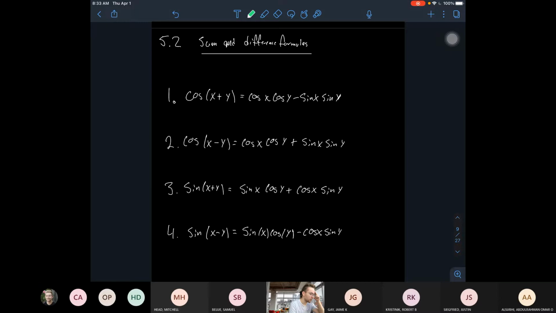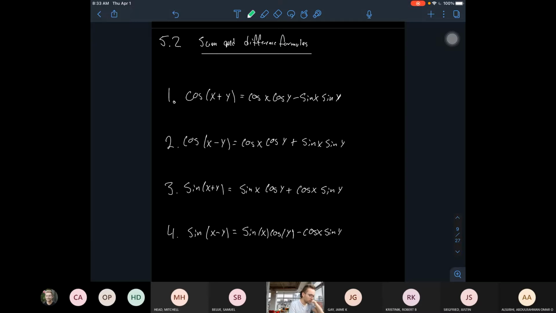These are basically formulas we use to compute the value of cosine and sine for values of theta which are not angles inside of a special right triangle, or multiples of angles which are in a special right triangle.